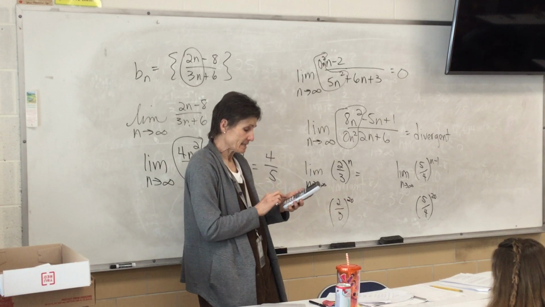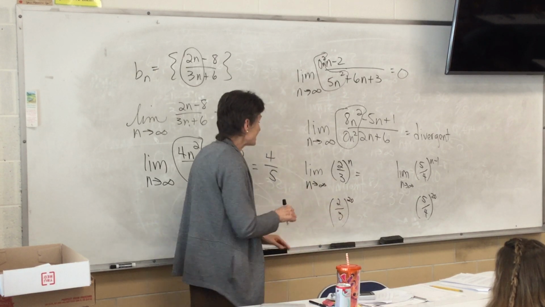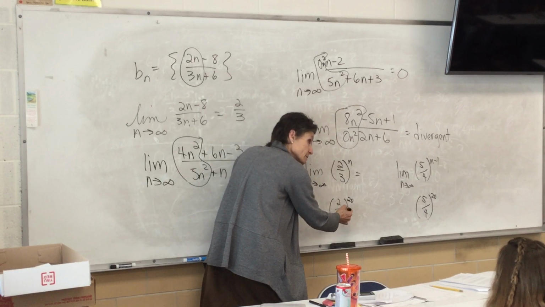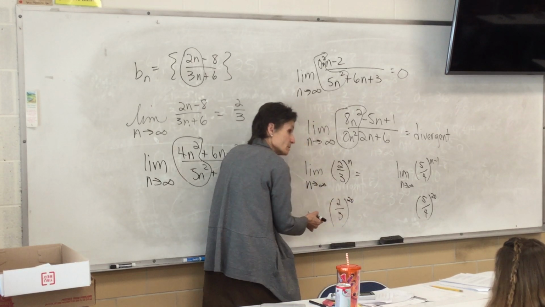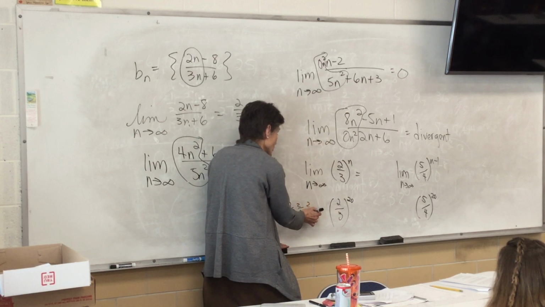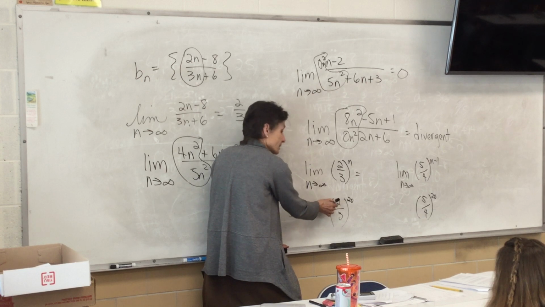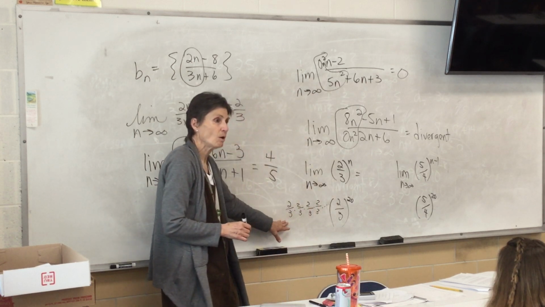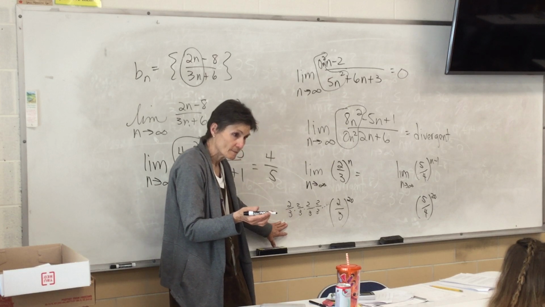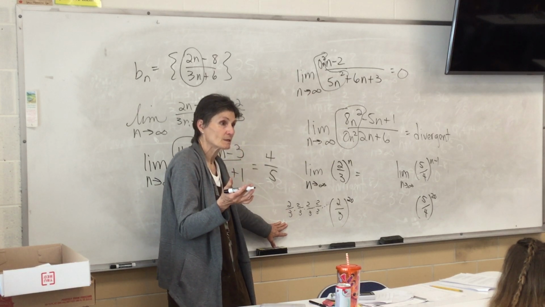The difference is, if you are taking a number less than 1 to a power, that means you're multiplying 2/3 times 2/3 times 2/3 times 2/3, and so on. That just keeps getting smaller. Think about it. If you multiply something by 2/3, then it's smaller.